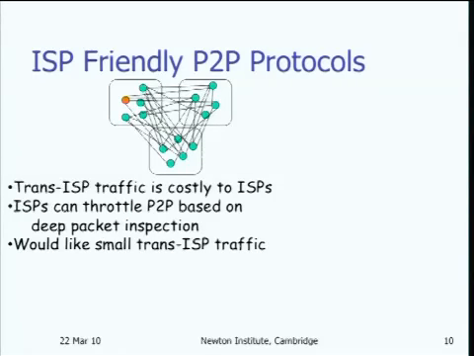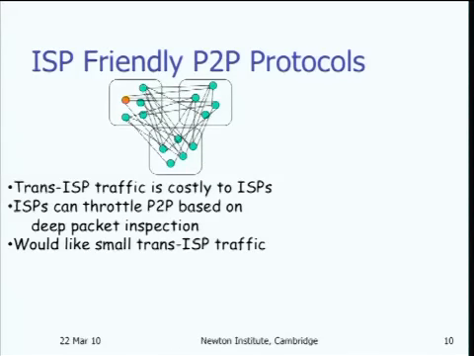Another phenomenon related a little bit to what I said about controversy in peer-to-peer systems is the notion of an ISP-friendly peer-to-peer protocol. I talked to a service provider yesterday, Tim Rossiter.